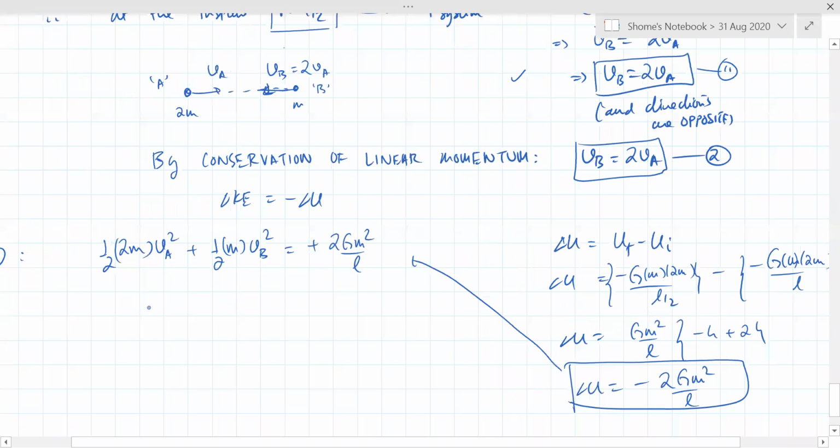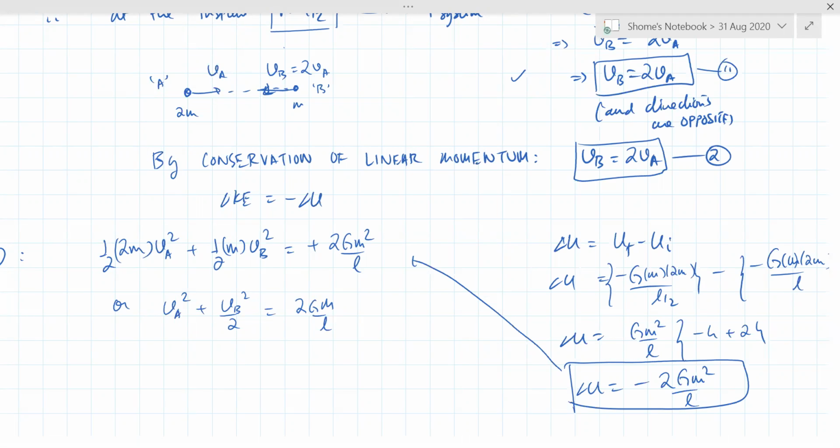We can also write this as Va square plus Vb square by 2 is equal to 2 G m by L, just cancelling off the m over here. So this is what our first equation has become.